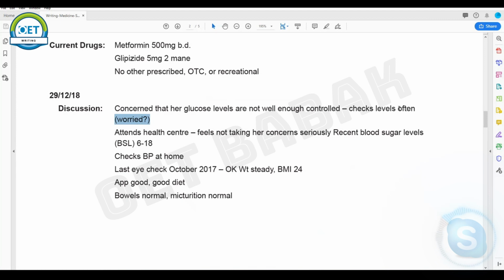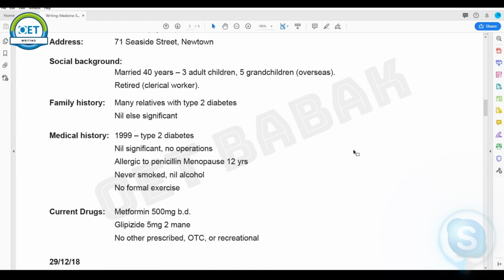I think this is relevant. That was one of the arguments I had with the OET people. I said this is significant, you have to write it. They believed it's not necessary to say she is worried, but I think it is.